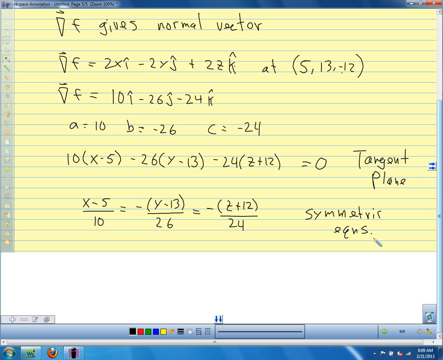Perpendicular to the gradient. If we're in the plane, and I mentioned this the other day also, if we have a vector, how do we find a vector that is perpendicular to that vector in the plane? What's the easy way to do that? Switch x and y, change the sign on 1.